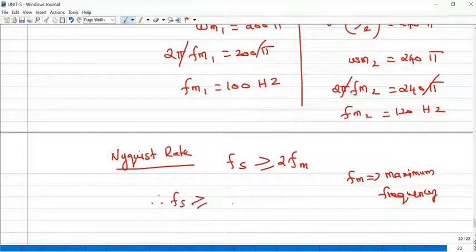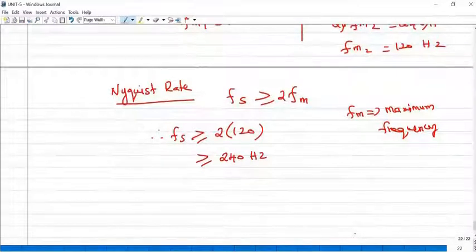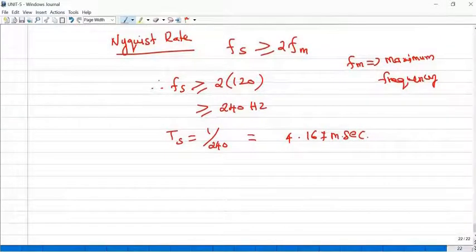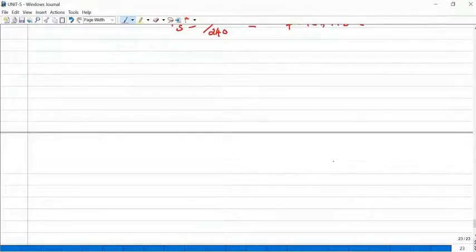Therefore, Fs must be greater than or equal to 2 times 120, so 240 hertz. Or Ts equal to 1 divided by 240, so we get 4.167 millisecond. So this is for problem 3. If there is more than one sinc pulse, in that case also, one sinc pulse and one sinc square data.